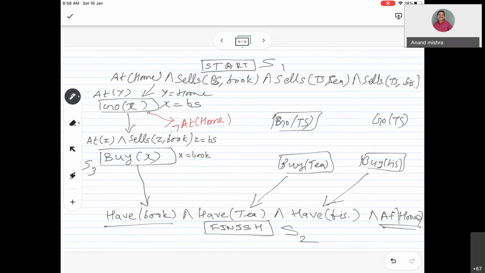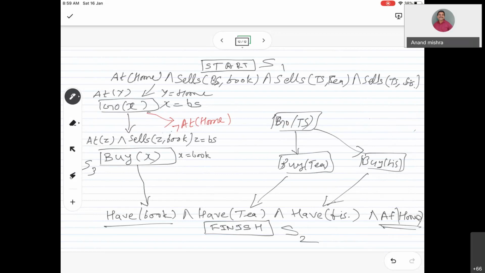Maybe you can write it two times, but that's essentially the same, so we can omit writing it two times. Right, go to tea store, and that's there. But now here you can see that go to tea store cannot really be connected to start here, right? Because there is this ordering constraint playing a role here.